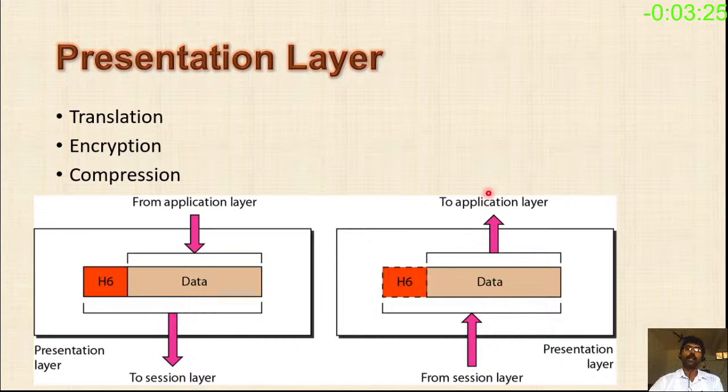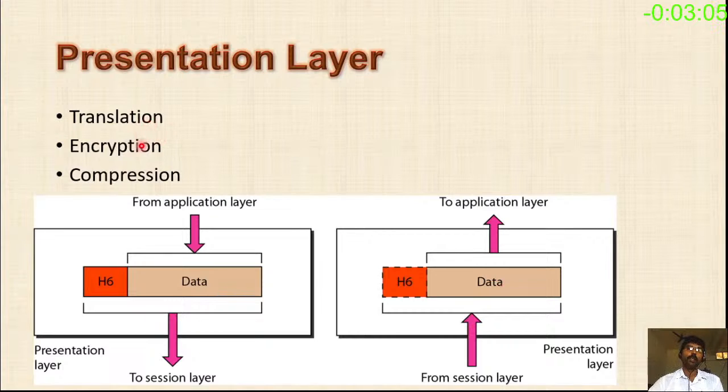That is called translation. Translation means converting from the encoding technique used by the sender to the encoding technique used by the receiver.